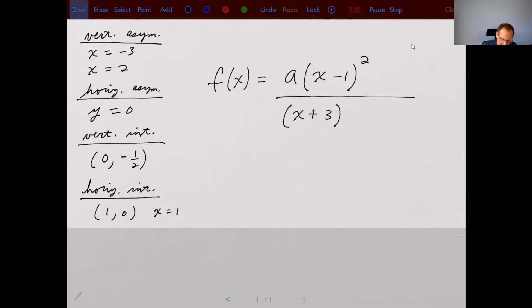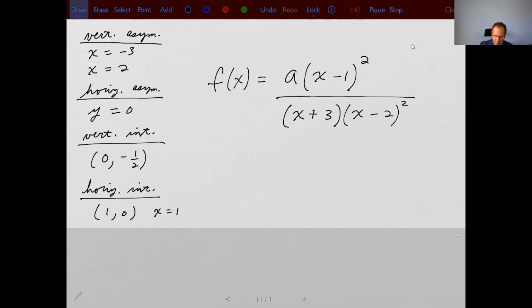My other vertical asymptote was x equals 2, so the factor that gave rise to that was x minus 2. But in this case, remember when we looked at the graph, they were both going towards negative infinity, in the same direction. So that means this exponent, the power, was a 2.